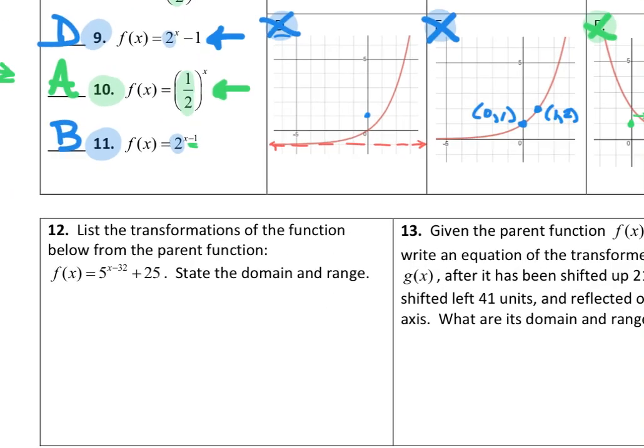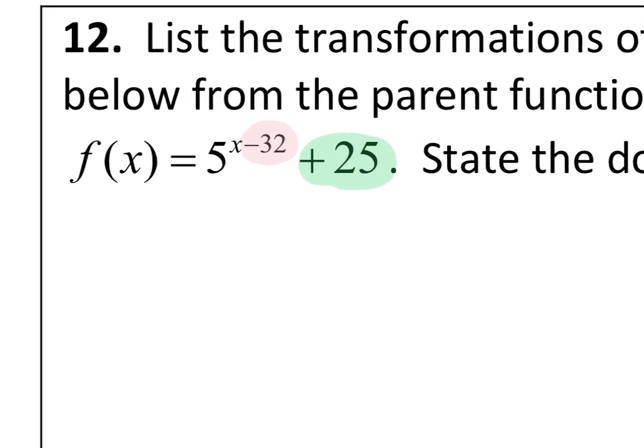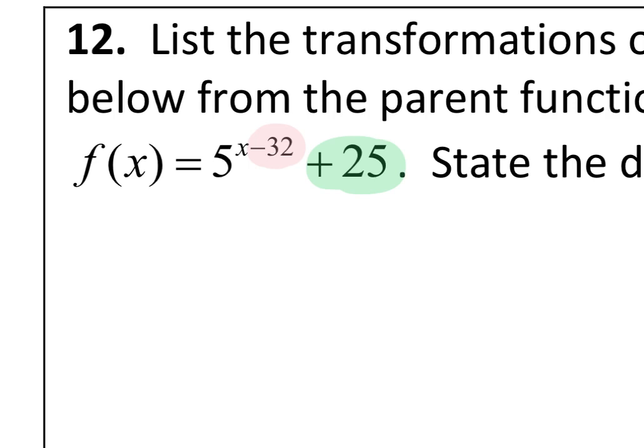Now, for number 12, you're asked to list the transformations and give the domain and range. So if I look at the equation here, I see one transformation there, and I see another transformation there. And the one in the top, x minus 32, that's going to be your shift left or right.